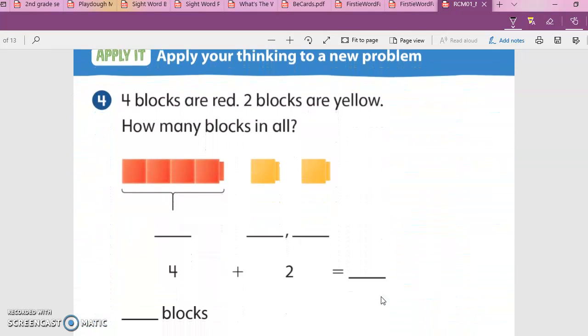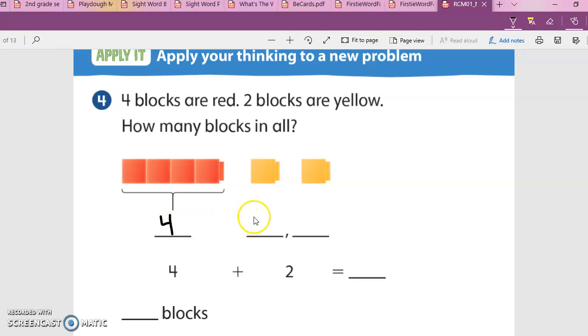Same thing, we're applying it. We're using what we've learned to solve a different problem. This one says 4 blocks are red, 2 blocks are yellow. How many blocks in all? They've drawn the picture for us. How many blocks did they say were red? 4, right? So that's the number that we're going to write here. And then we're starting to count with 4 because that's the bigger number.